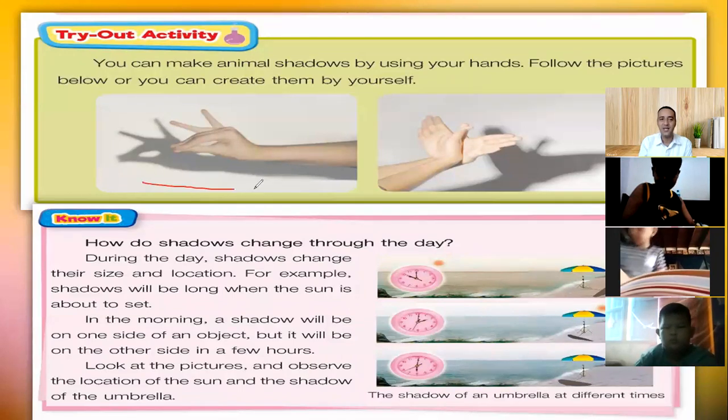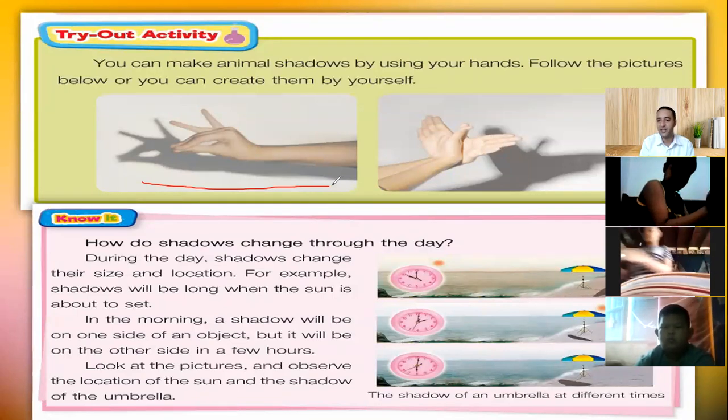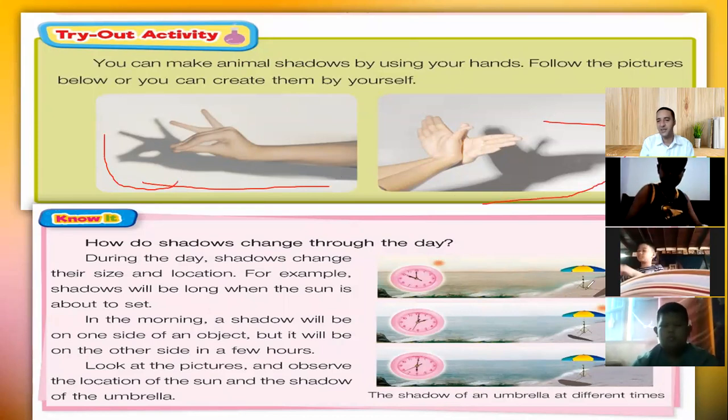The first one, to make an animal out of your hand: just put your hand in front of any flashlight, move your hand, and you can make such beautiful shadows of an animal. This experiment you can do by yourself.